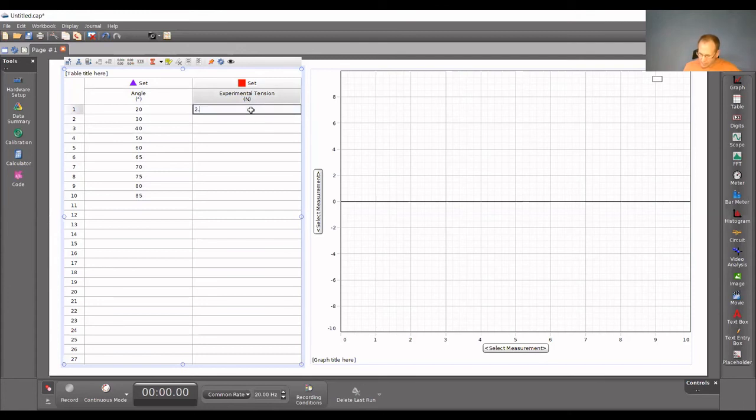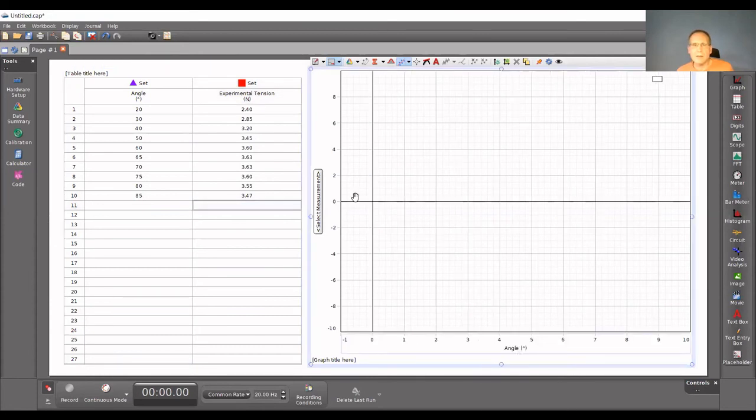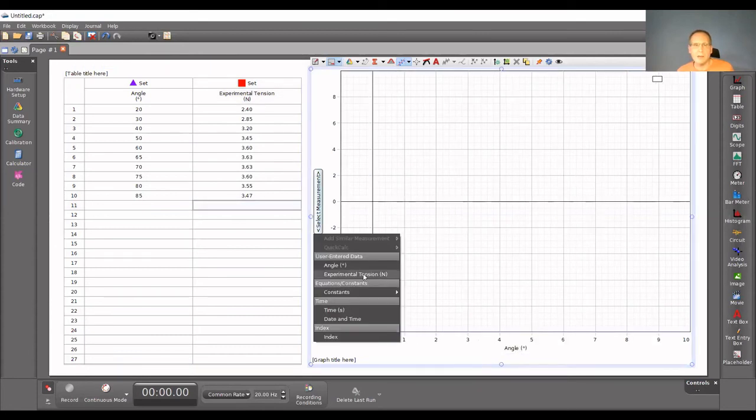Let's say my tension was 2.40, 2.85, 3.20, 3.45, 3.60, 3.63, 3.63, 3.60, 3.55, 3.47, something like that. Okay, so now we choose angle, right, on the X, and then experimental tension on the Y.